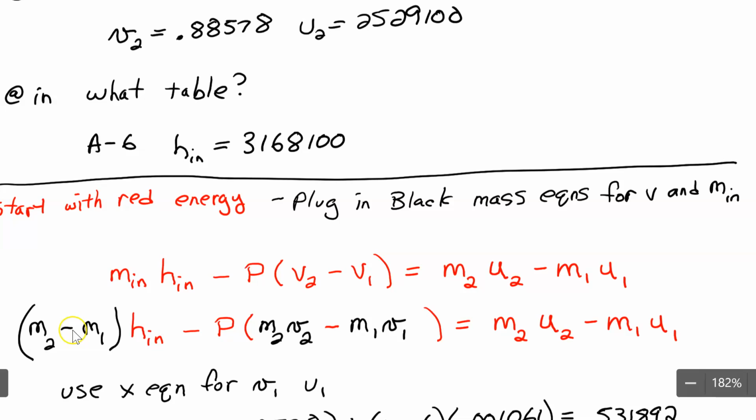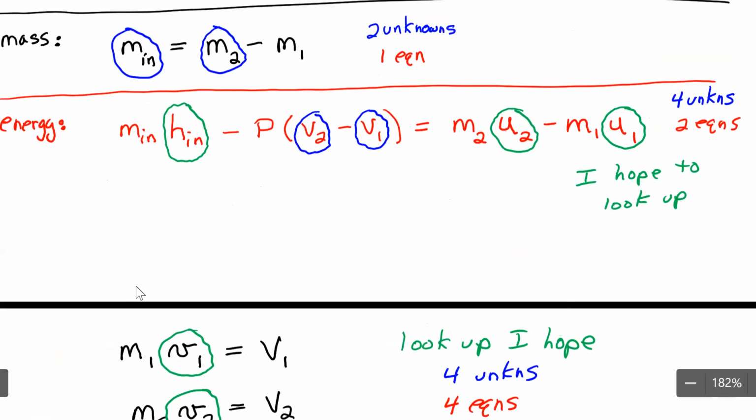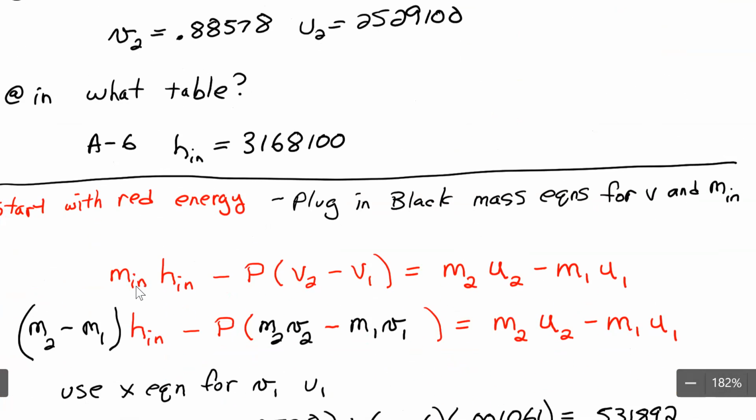I said, okay, V2 is equal to mass 2 times little v2. V1 is mass 1 times little v1. Also, I have a black mass equation for the Vn right here. So mass n, and I just put him in. So you have mass 2 minus mass 1, H, pressure, this is big volume 2, this is big volume 1, and this is the same as over here, okay?